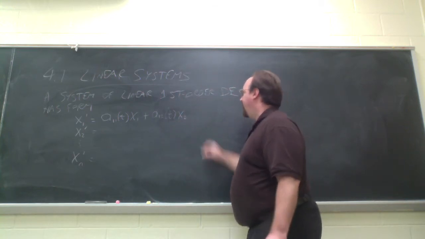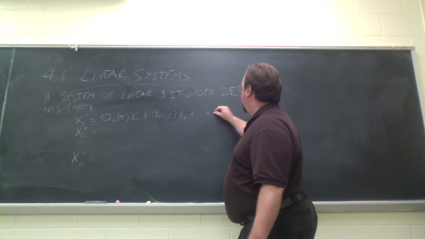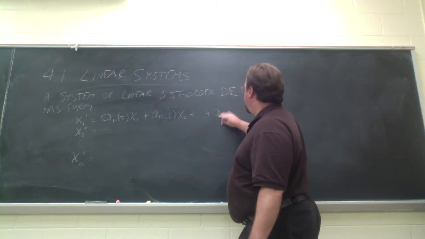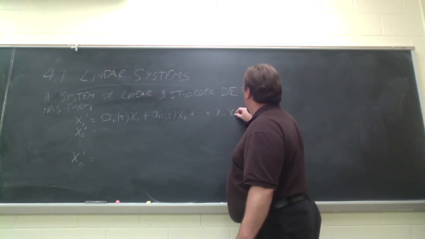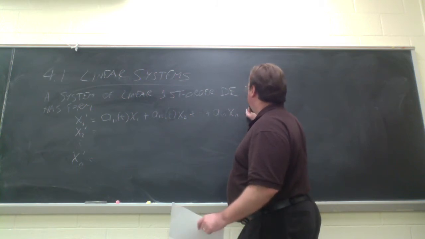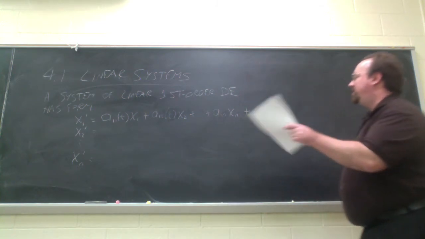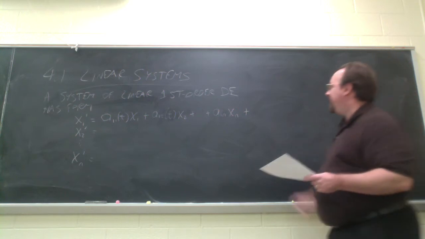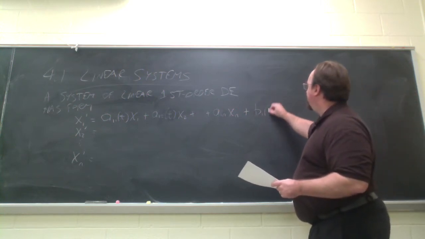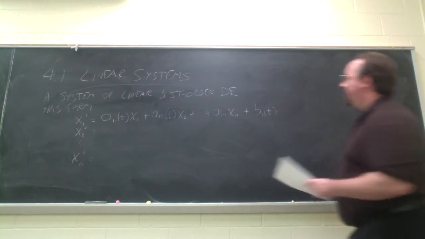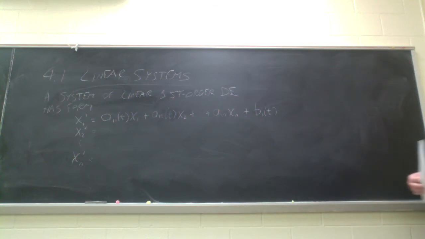They can't depend on the x's. So that's what makes the difference between a linear equation and a nonlinear equation. And then after we have these linear terms, we might have an extra function of t, like a separate term on the end for a non-homogeneous case.